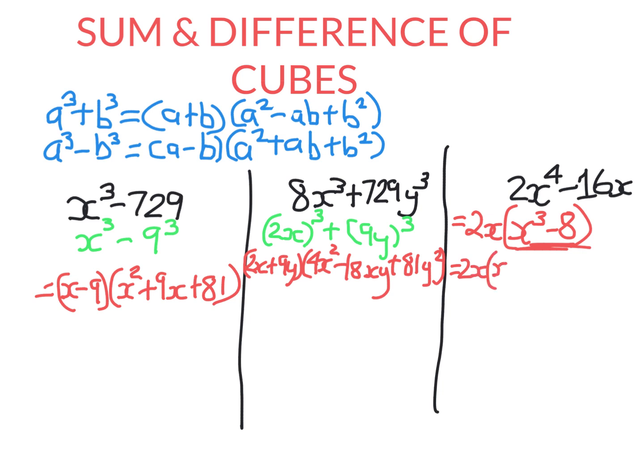It's going to be x minus 2, like a minus b, then a squared plus, so now it will be 2 times x, and then negative 2 all squared is positive 4. Once again, you don't need to worry about factorizing the quadratic. It's always an irreducible quadratic. So we are done. This is fully factorized.